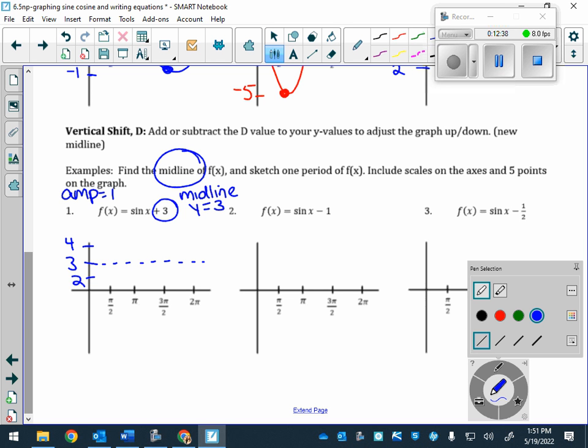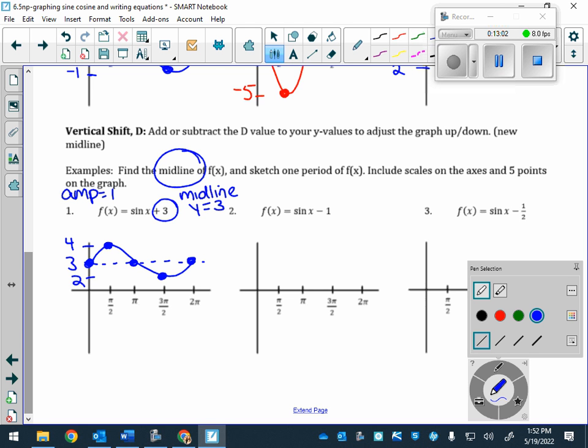So with this graph, sine, where are we starting? 3. And at pi over 2, where do we go? 4. Pi. 3 pi over 2. And 2 pi.